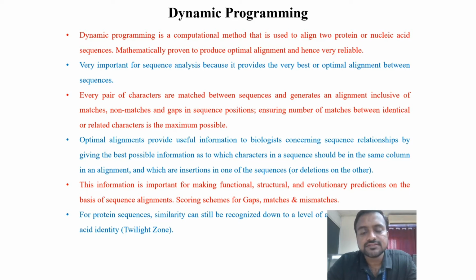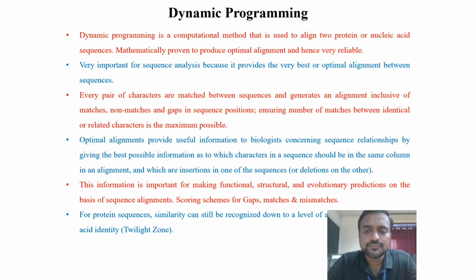This is done to understand the regions of similarity between the two sequences that will help us in our sequence analysis, as the dynamic programming approach is known to provide us with the best and the optimal alignment between the sequences involved.